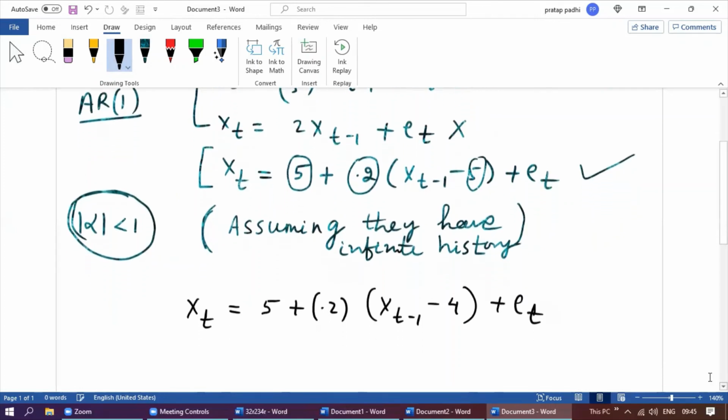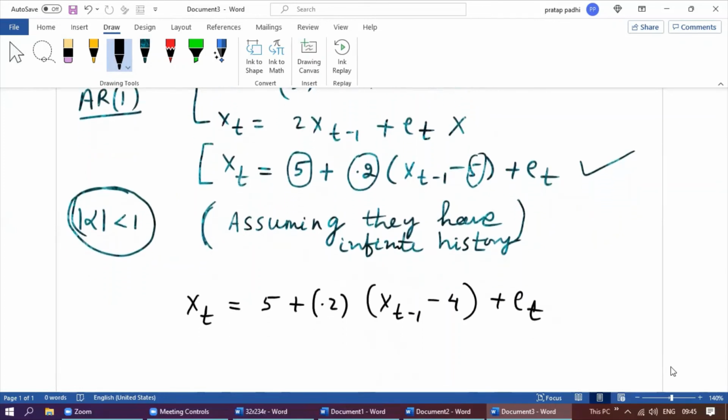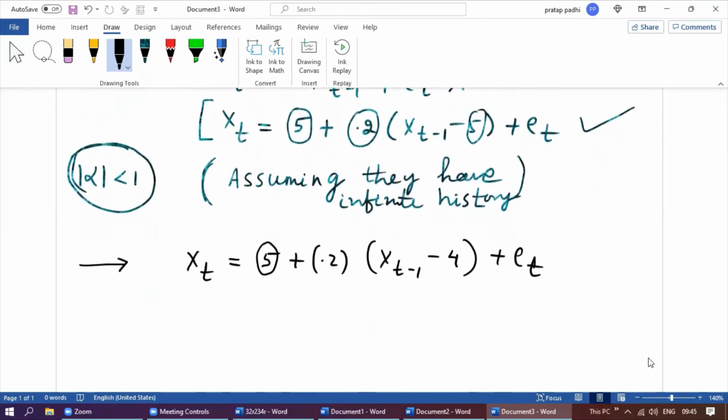Then how can you decide whether this is stationary or not? You have to match this and this. So can you make it 5? That is the question. Minus 4, can we make it 5? Find xt minus 1 and substitute there.